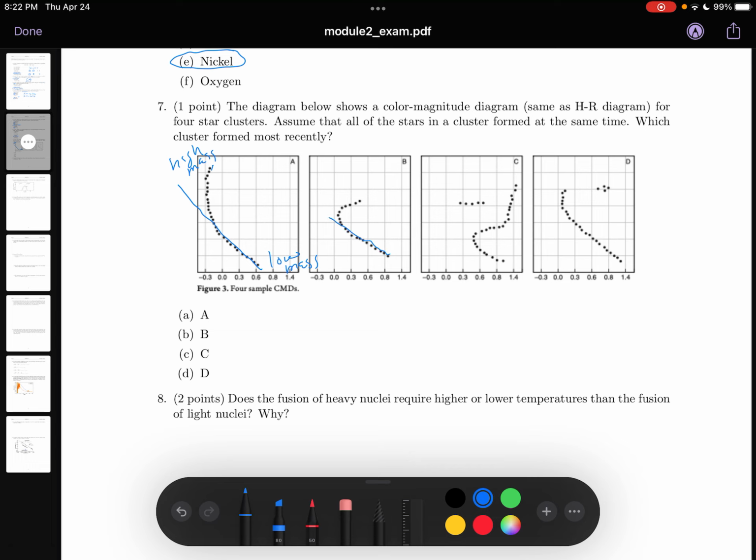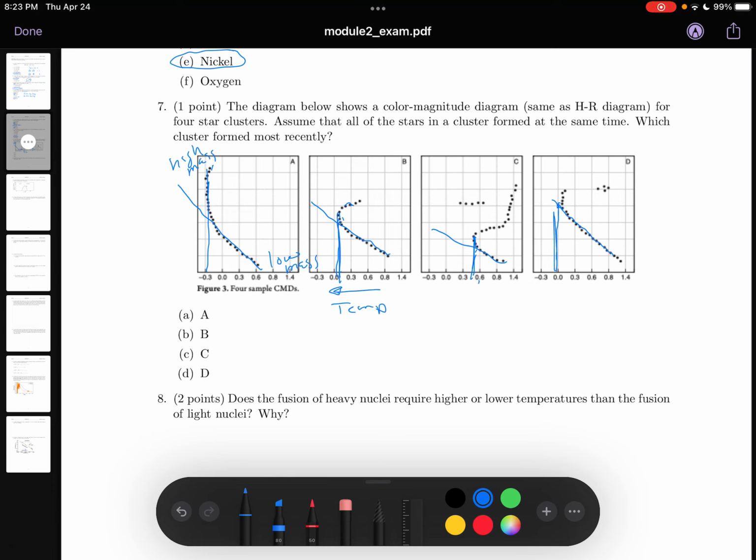If we look at the main sequence here, this is turning off. This is our color on the x-axis, so temperature is going this way. And here as well, they're turning off, the last of the main sequence ends somewhere between 0.3 and 0.6. The stars still in the main sequence here go to a little bit over 0. Stars in the main sequence here are going even to minus 0.3. And over here, the main sequence is continuing up until almost 0, I'd say.